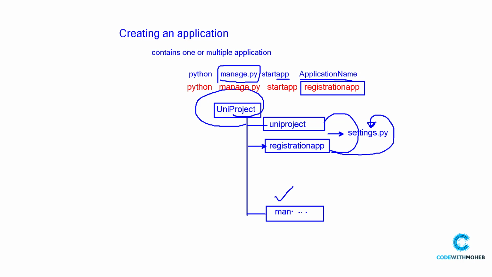In that, you have to find a list variable called INSTALLED_APPS. Inside INSTALLED_APPS, you can install or add your application. This settings file is available at project level, which means we can install all applications of the project. It is compulsory, otherwise the application won't be recognized by Django.